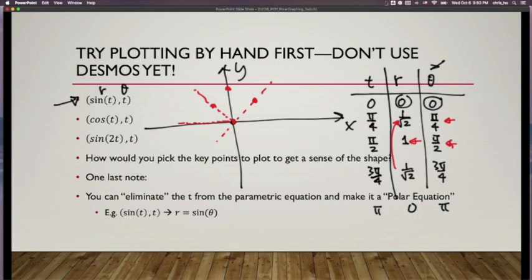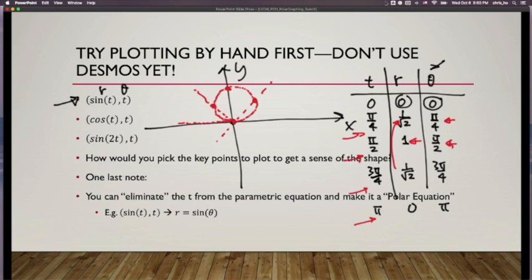And you can try some intermediate values in between pi over 4 and pi over 2, and you can evaluate it using a calculator. But what most likely is going to happen is that as theta increases, my radius, or the length of the vector r, is going to increase up to this point at 45 degrees, and then it's going to keep increasing to 1, and then it's going to decrease back all the way to 0.